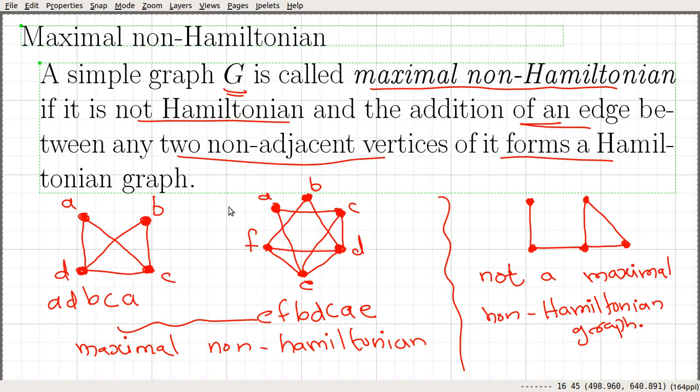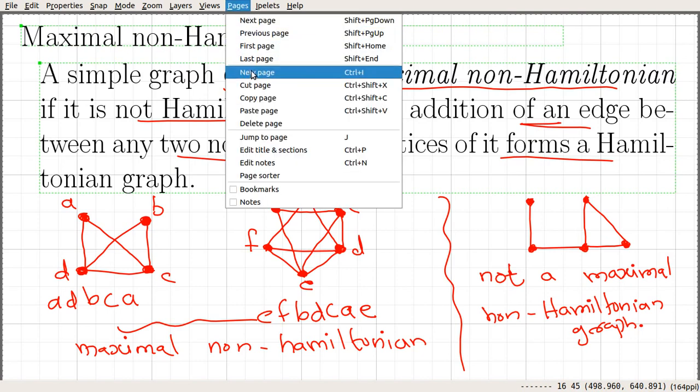And here again we have one more important observation. Let me write down the observation.